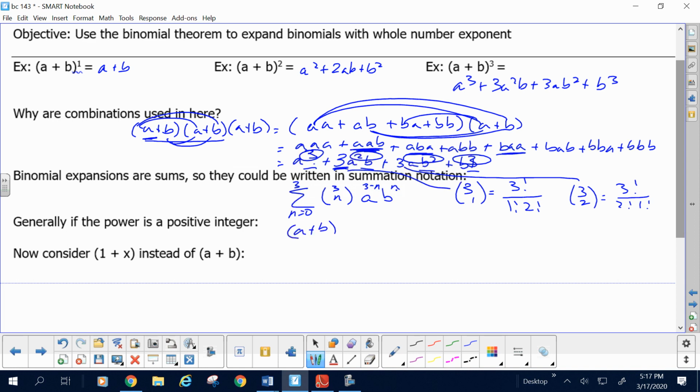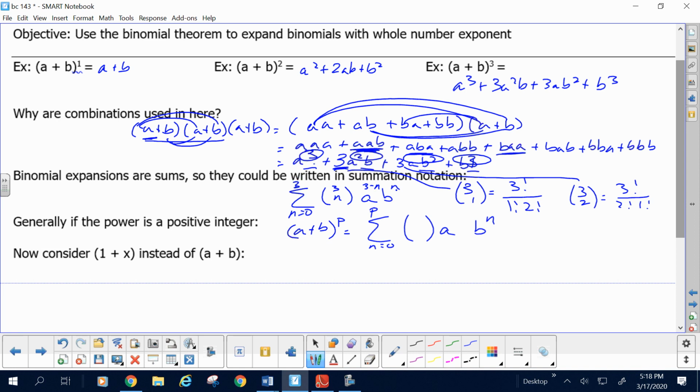Now, generally speaking, if instead of a plus b to the third, I said a plus b to any power, then it would still be 3 components. A combination, an A and a B. Now the B is still tied to n, starting at 0. And as far as the ending power, rather than a 3 here, it would go to whatever the total power might be.